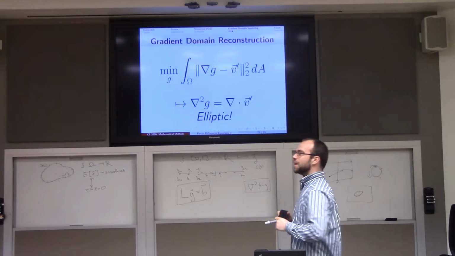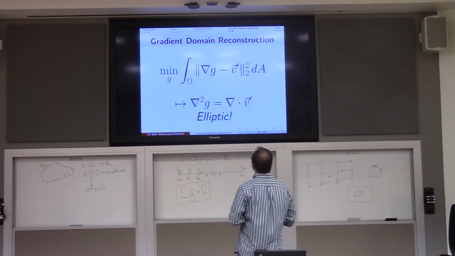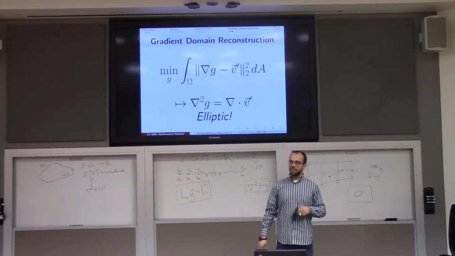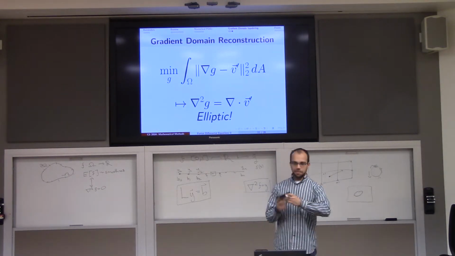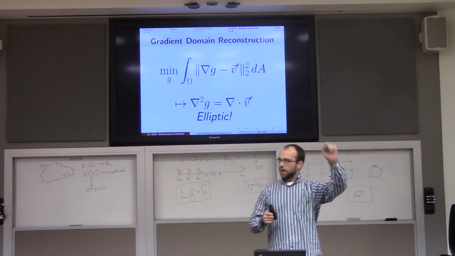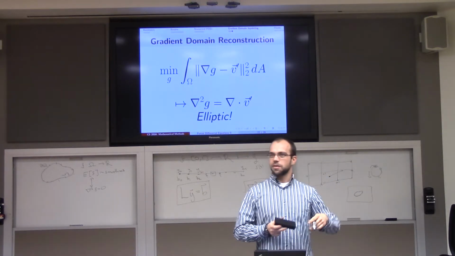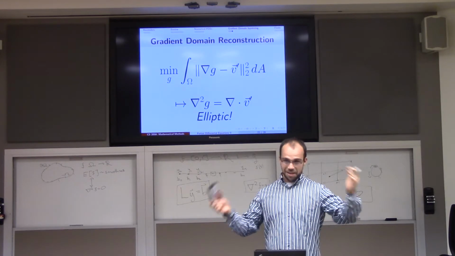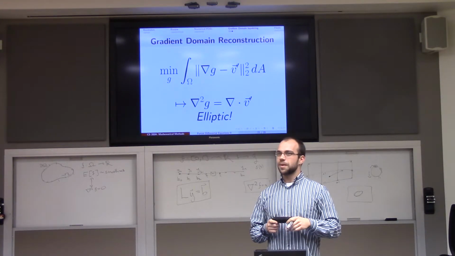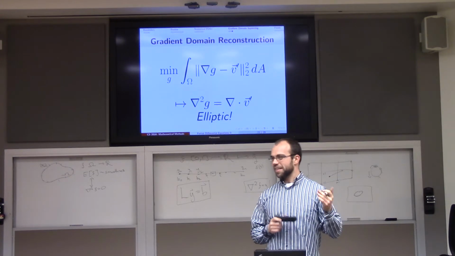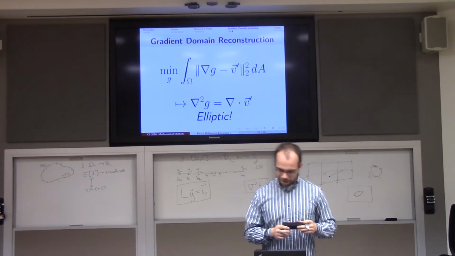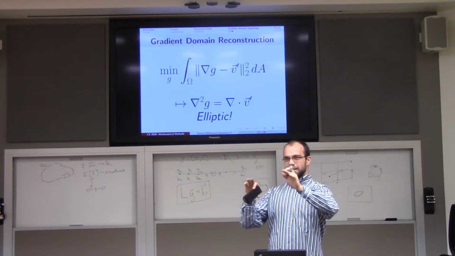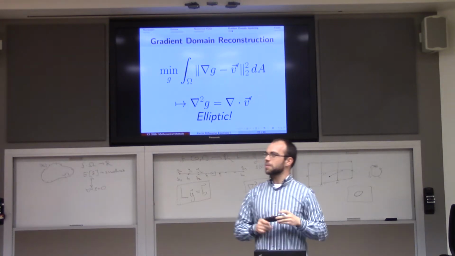Another trick people do: a piece of software that came out a few years ago called Gradient Shop is basically the Photoshop for gradient domain stuff, and people paint using gradients rather than colors. I'm not an artist, but apparently you get used to it after a while. Your brain probably thinks in colors and not gradients, but the artists are able to get really nice, smooth, very cool effects because gradients are all about changing in slope instead of color.